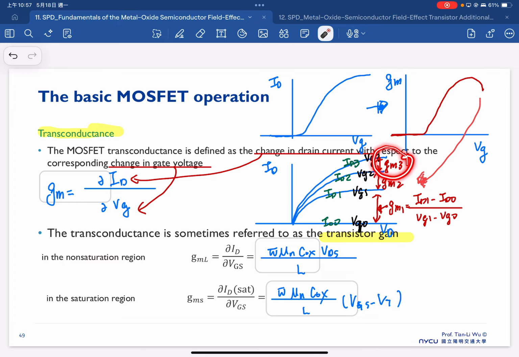But if you can find a way to increase the transconductance under high gate voltage, that would be an important breakthrough. Many people work in this field.